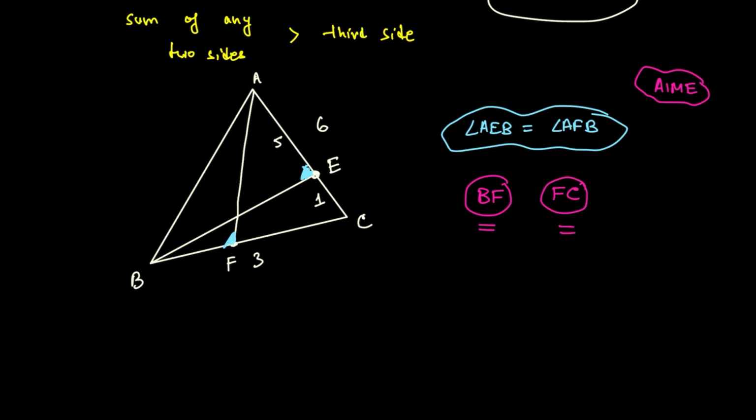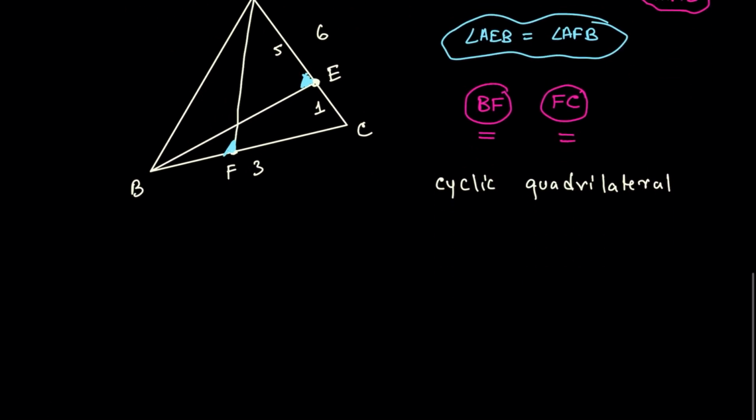So the first thing that you have to use here is the cyclic quadrilateral property. How do you identify that there is a cyclic quadrilateral? If you have a quadrilateral, how can you tell that all 4 vertices of the quadrilateral lie on the same circle?